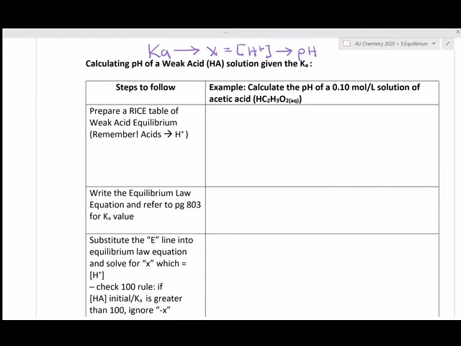Okay, so once again, we're going to start with a Rice table. So it's acetic acid, so this is ethanoic acid, okay. So HC2H3O2, and that's going to, of course, yield a hydrogen ion, which we really should be putting our states here.